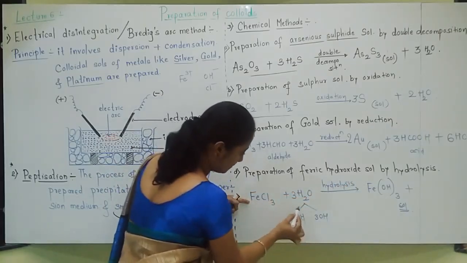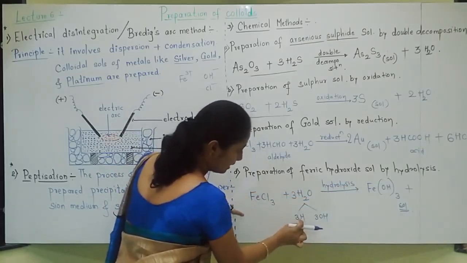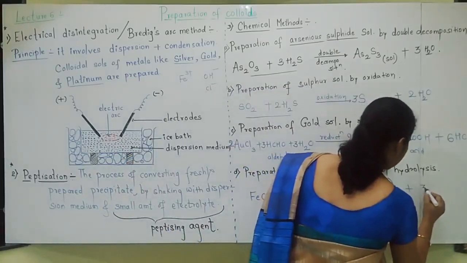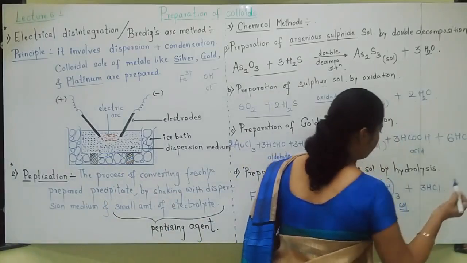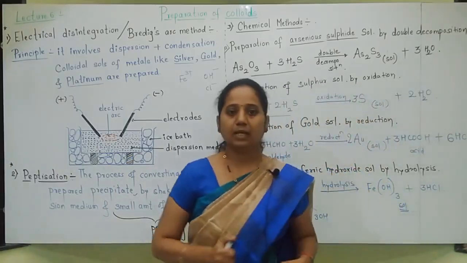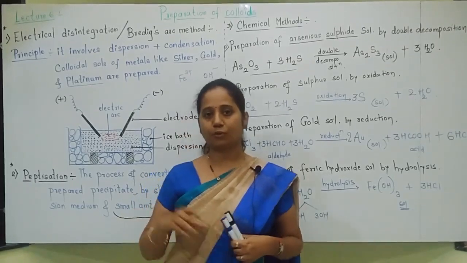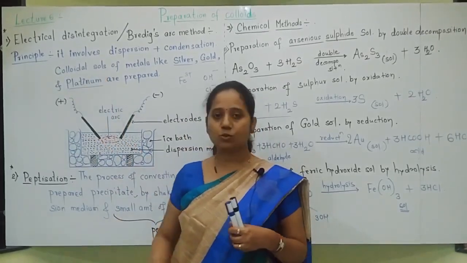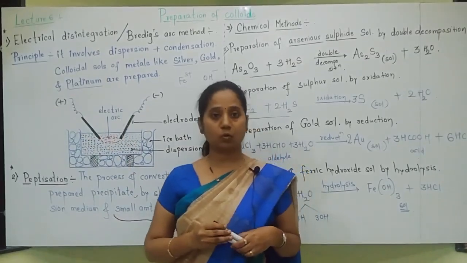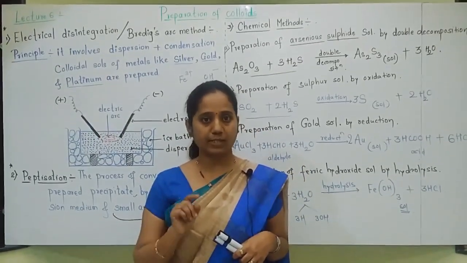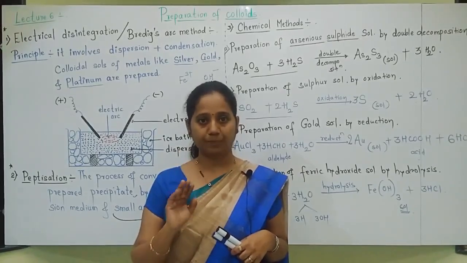Left is this: 3H combines with 3Cl to form 3HCl. Okay, students, practice the chemical methods. The most important are the first two methods. This is how colloidal solutions are prepared. Preparation of colloidal solution by 3 ways is over.